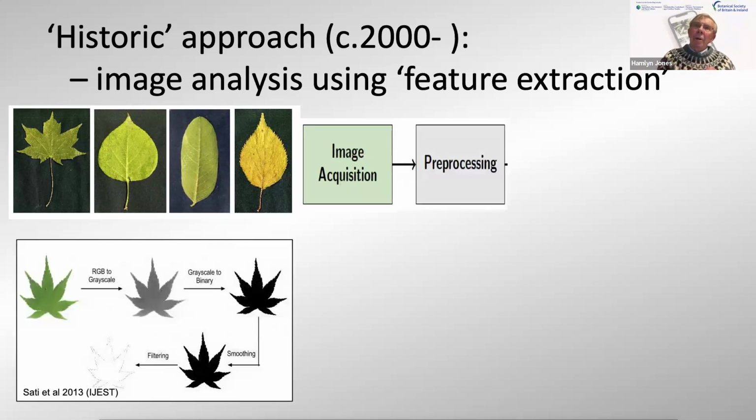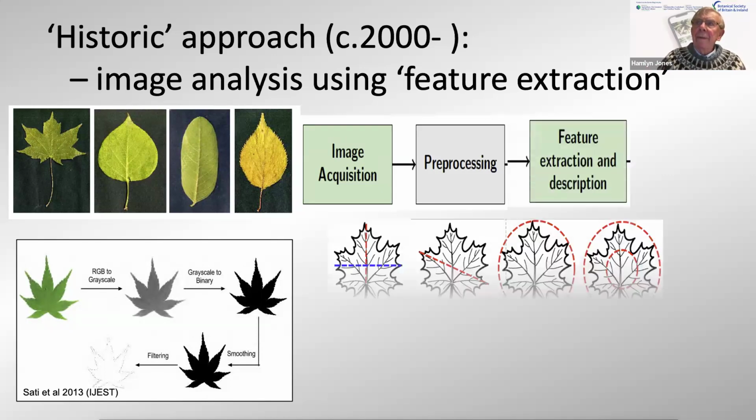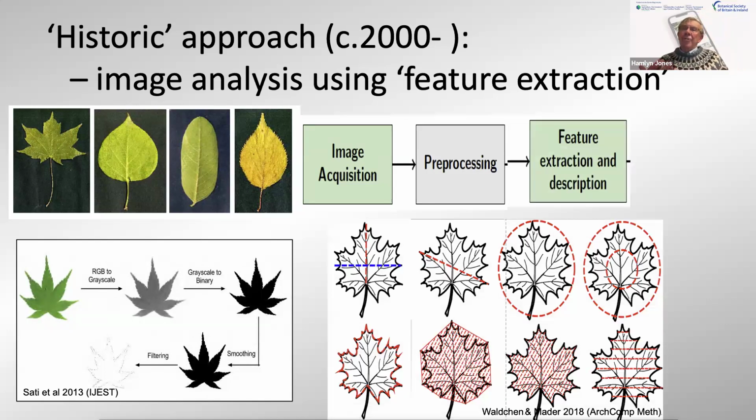The next step was pre-processing these images, which involved, for example, converting them to grayscale, then converting them to binary, doing various digital smoothing processes and filtering. And then this led on to the next step, which was feature extraction.